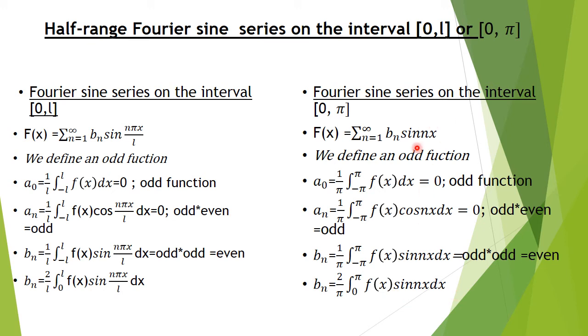Similarly here also bn sin n pi x upon pi, pi gets cancelled, you will get sin nx. So whatever may be the angle in the Fourier series, the same angle you will get in Euler's coefficients, or vice versa. Alright. So this is about the Fourier sine series on the interval 0 to L or 0 to pi. Now we will see the half range Fourier cosine series on the interval 0 to L and 0 to pi in the next slide.